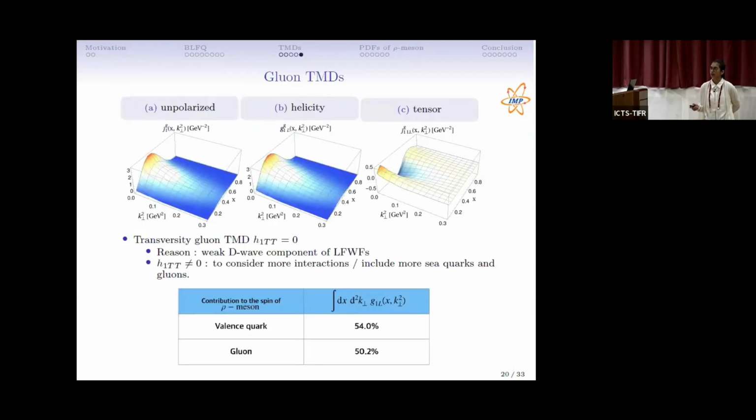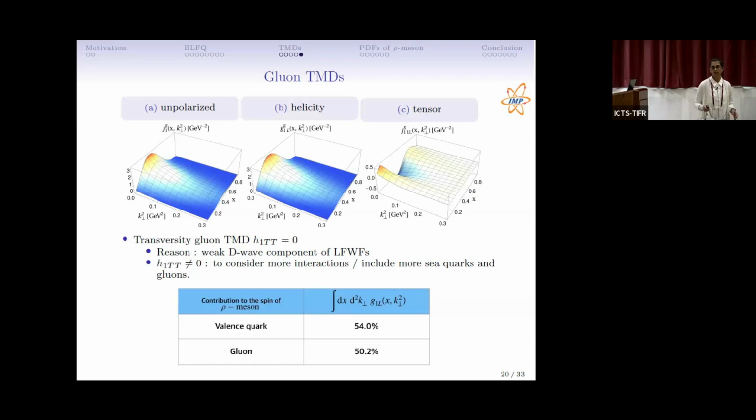Now, these are the gluon TMDs. First, this one is unpolarized, helicity, and tensor polarized. This one is observed to be exactly opposite to the quark f1LL; the magnitude is different, but the qualitative behavior is opposite. And we found in our case that this transversity gluon TMD is 0.